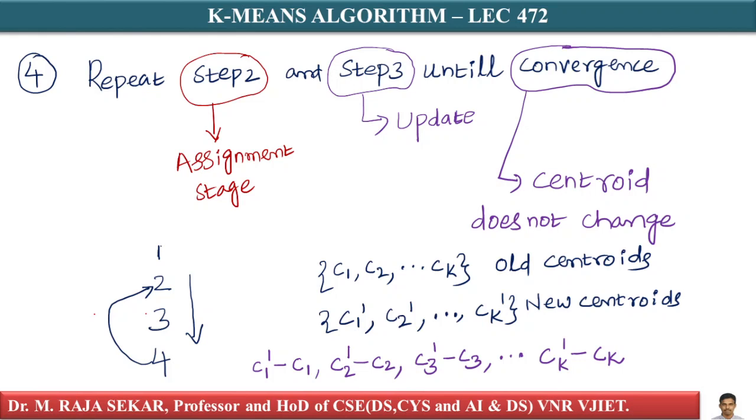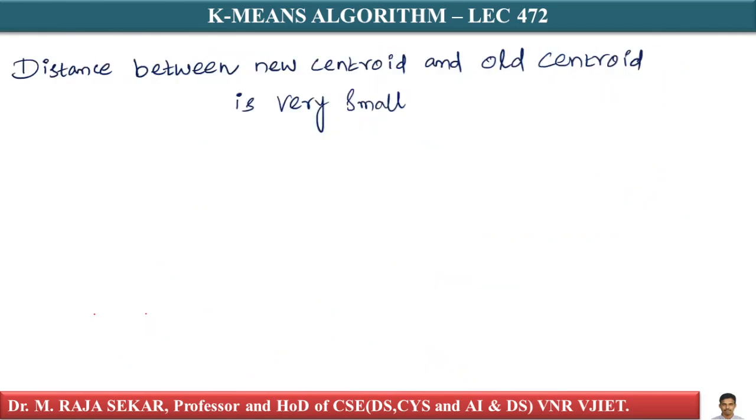If the centroids did not change much, how do you say they did not change much? If the distance between the old centroid and the new centroid is very small, it did not change much. When it is very small, you say that I will stop it, and whatever centroids I have are my final centroids.